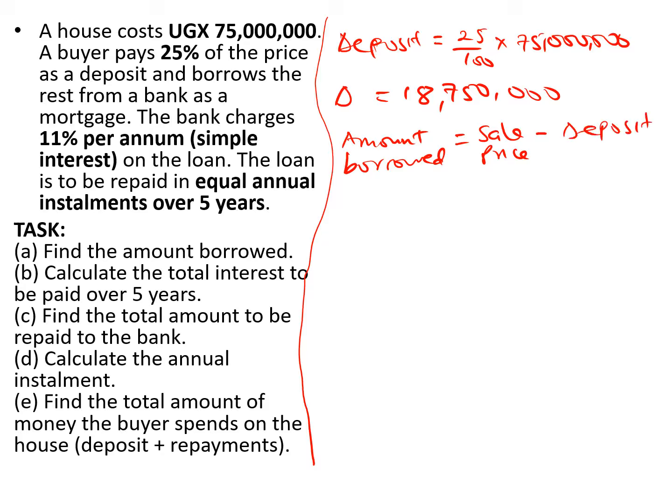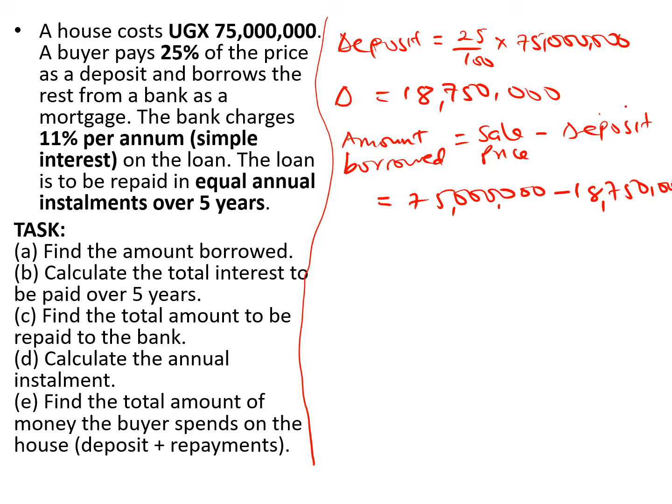Here our sale price is 75 million, then minus the deposit, which is 18,750,000 shillings.